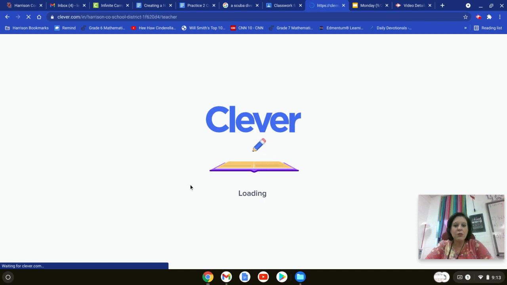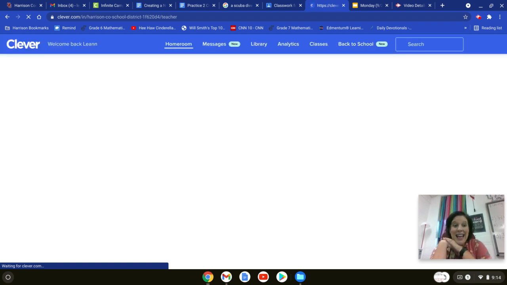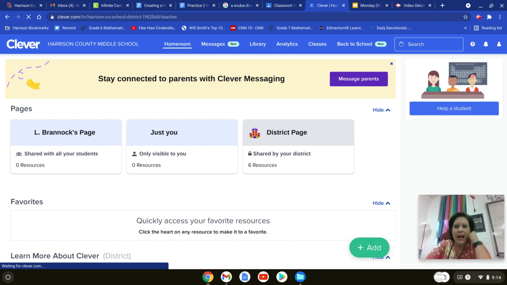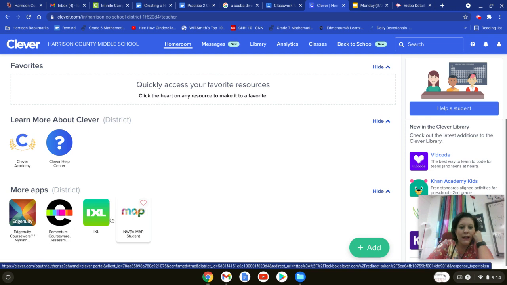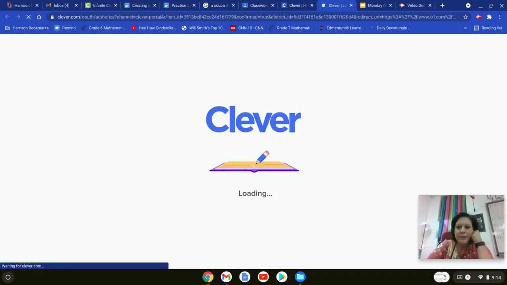And then there's 3 apps down at the bottom on yours. Now, mine may pop up something different. It's going to be the letters I, X, and L. IXL. Mine looks a little different than yours, but you should still have the IXL. Yep, these 3. I have other information, but IXL is right there. Perfect.